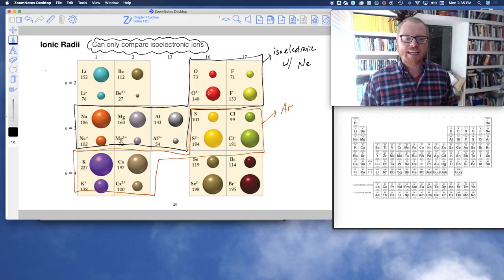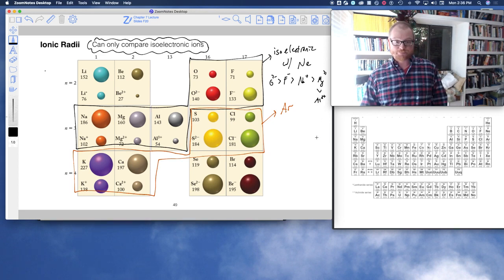What we see now is O2 minus is bigger than F minus: 140 is bigger than 133, which is bigger than Na plus at 102, which is bigger than Mg2 plus at 72. I ran out of room here, but finally that's bigger than Al3 plus at 54.